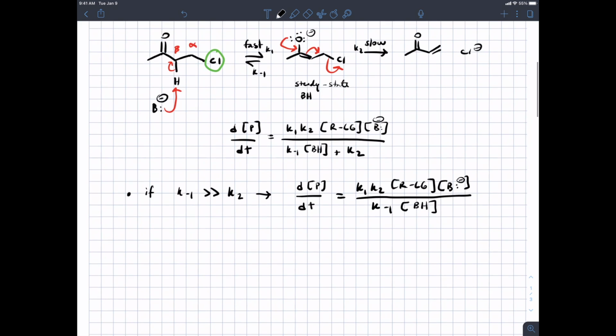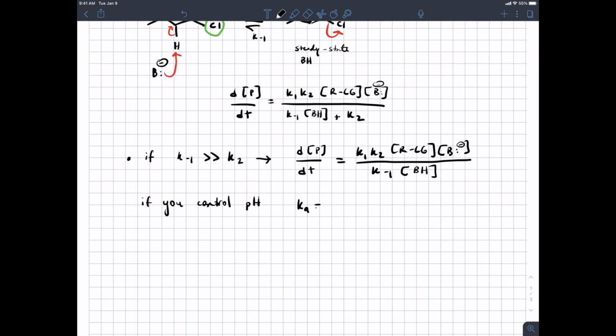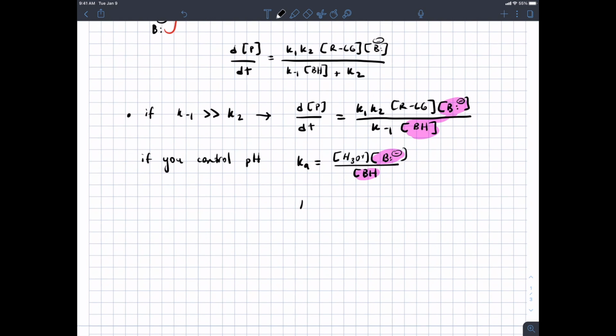But your text points out that if you control pH in this reaction, based on the relationship that Ka is going to be equal to H3O plus times B minus divided by BH, then we can swap out this ratio of B over BH for Ka over hydronium concentration.